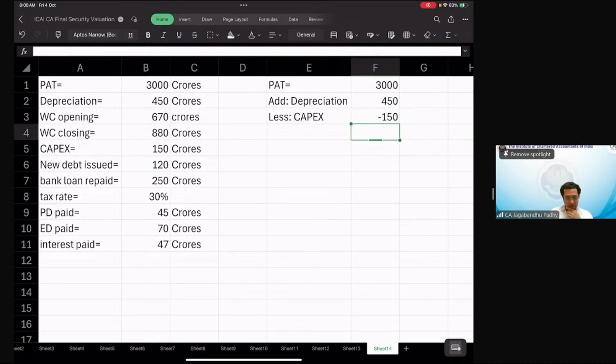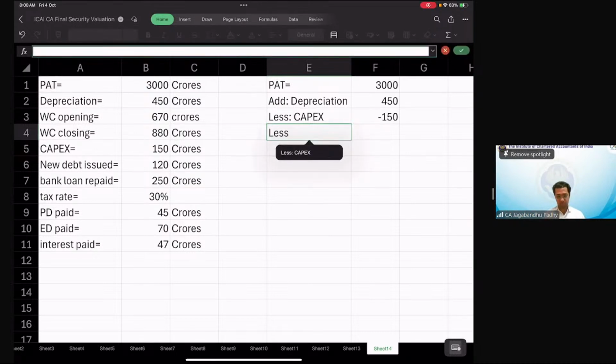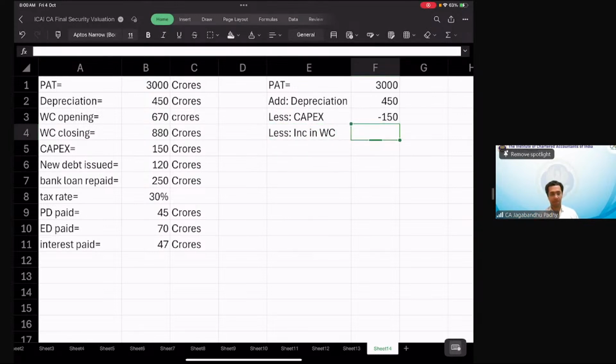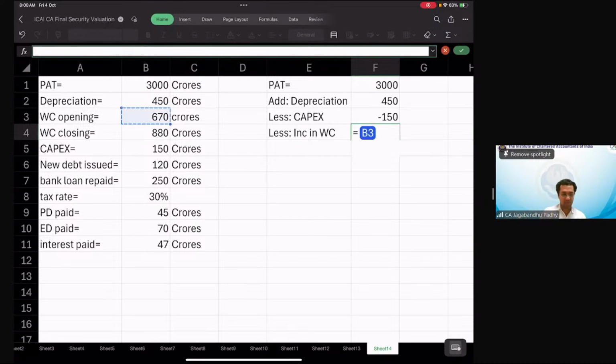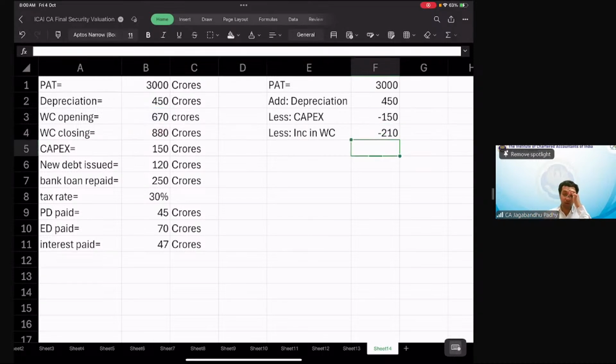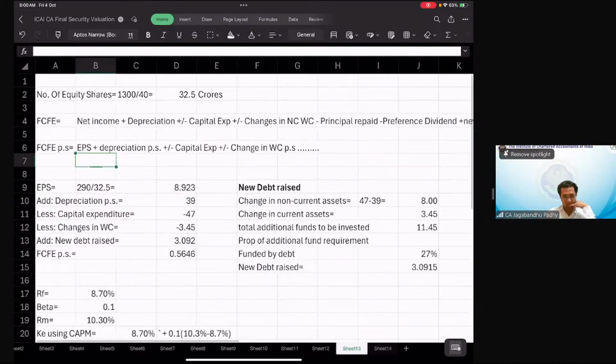Then working capital, less the increase in the working capital. Earlier it was 670, now it has become 880, so 210 is the increase in the working capital. Then we have the new debt raised.